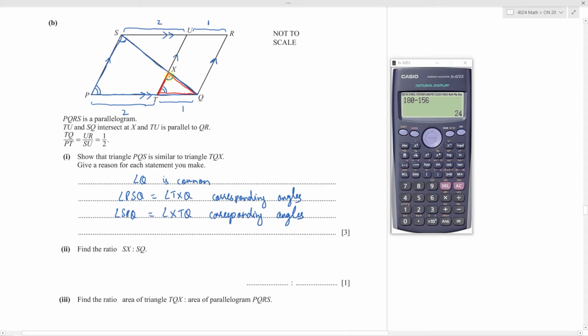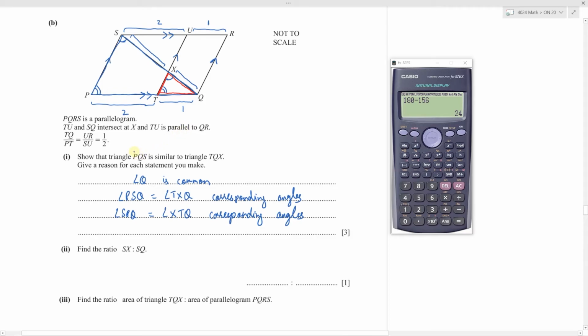But you are asked for the ratio of SX to XQ. So first, since they are similar triangles, these ratios will be 1:2 as well. This ratio and this ratio, because these are similar triangles, but we can actually calculate it as well. So let's see.